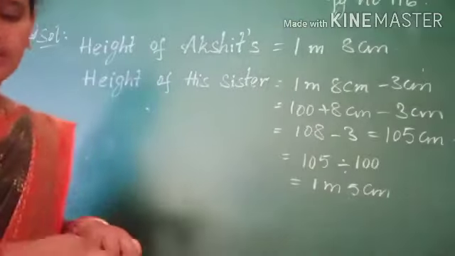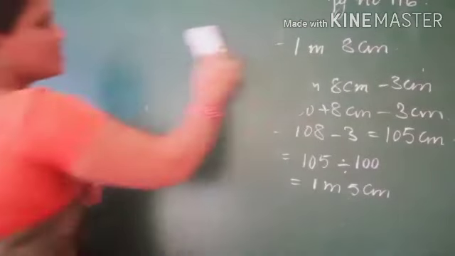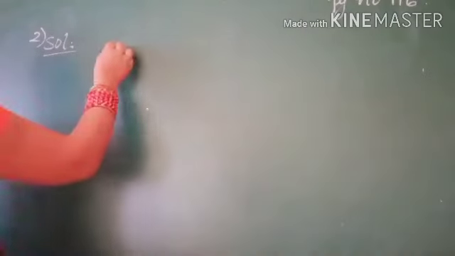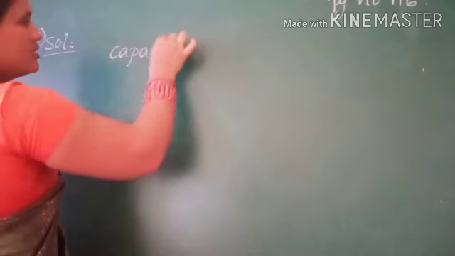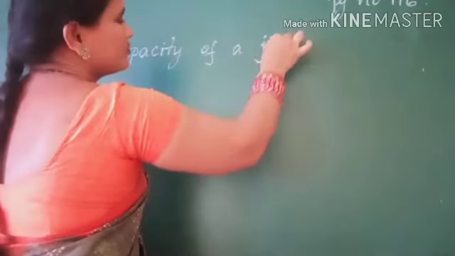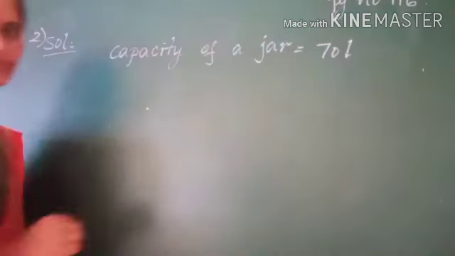Let us write the word statement for the first number. What is the first number here? 70 liters. What is that 70 liters? Juice. So what is the word statement for that? Capacity of a jar: 70 liters.